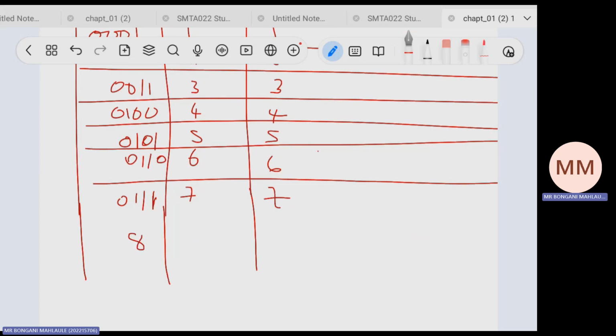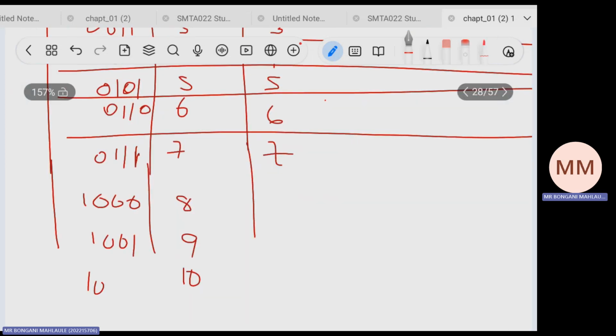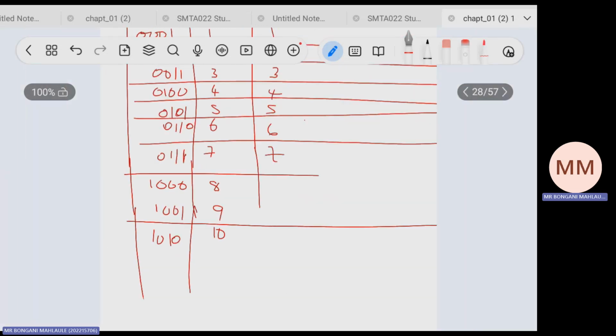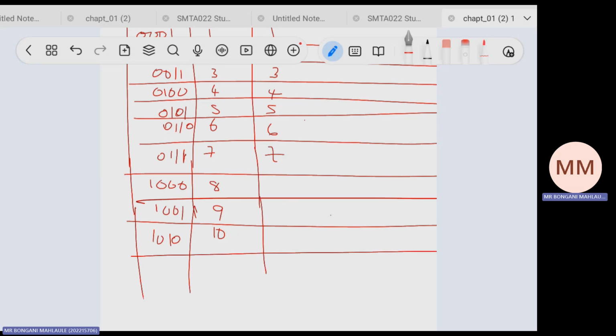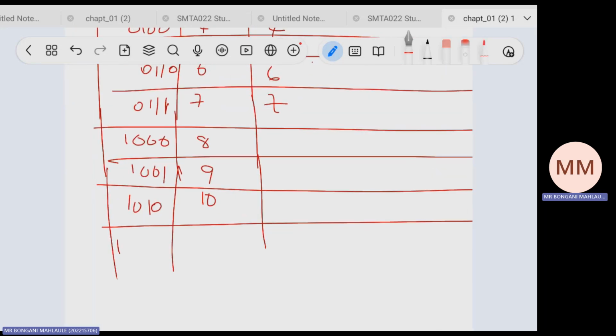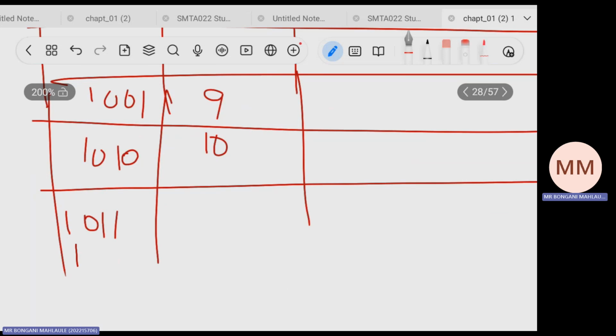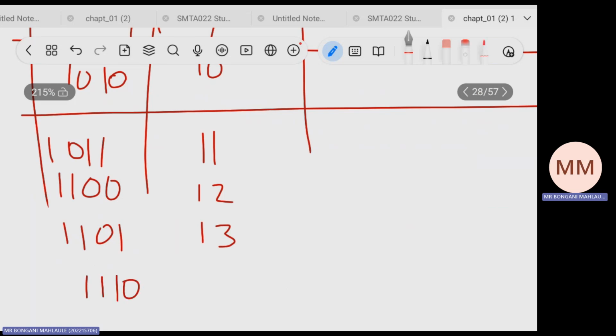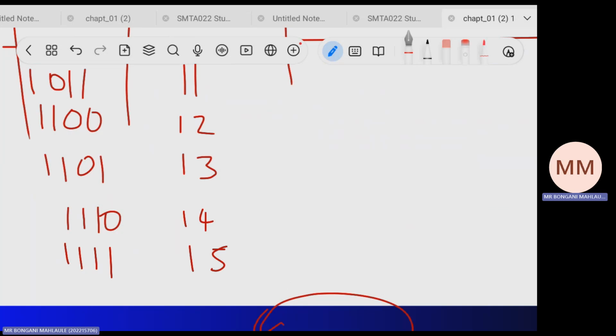And then 8, 9, 10. Then this will become 1000, then 1001, 1010, and so on, then 1110, then 1111, and this one will be 15.